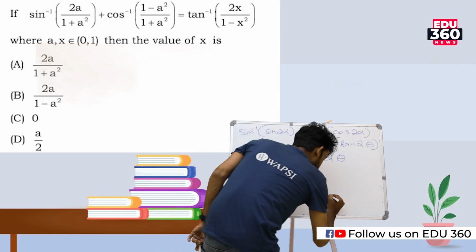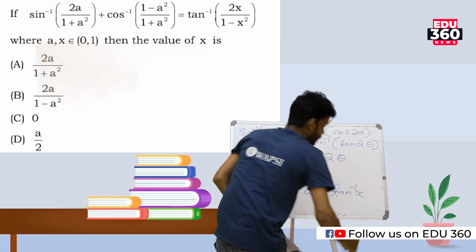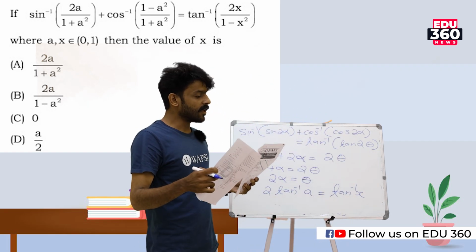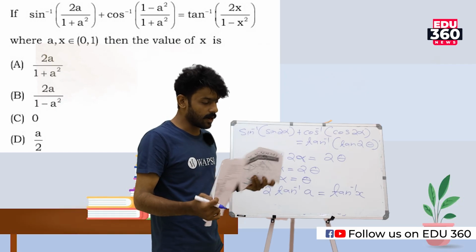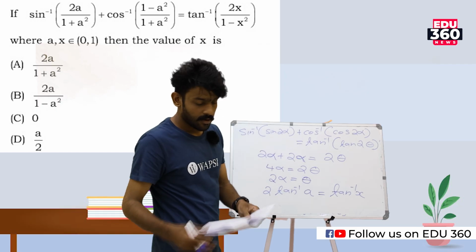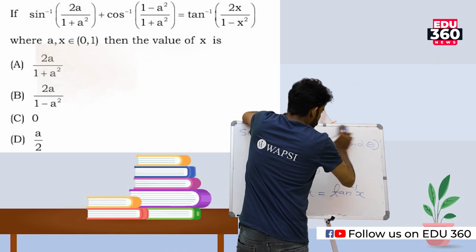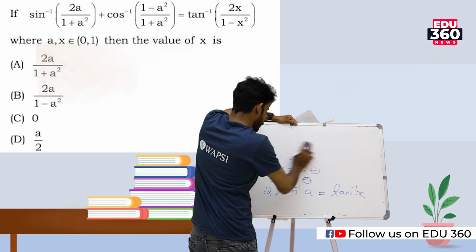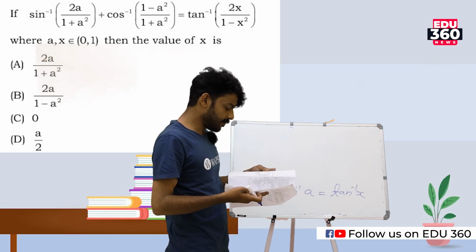tan inverse x. Okay, so we know that 2 tan inverse A is equal to tan inverse x.